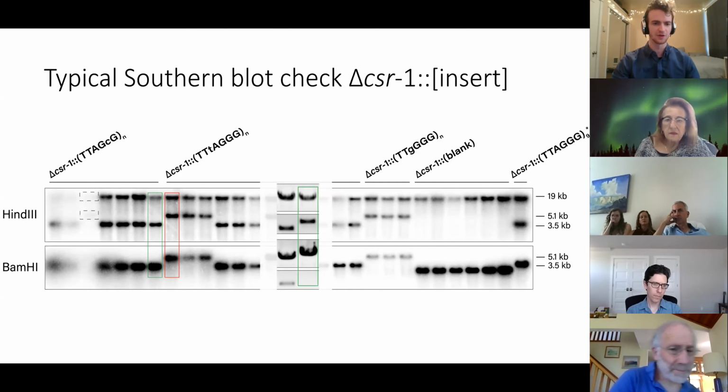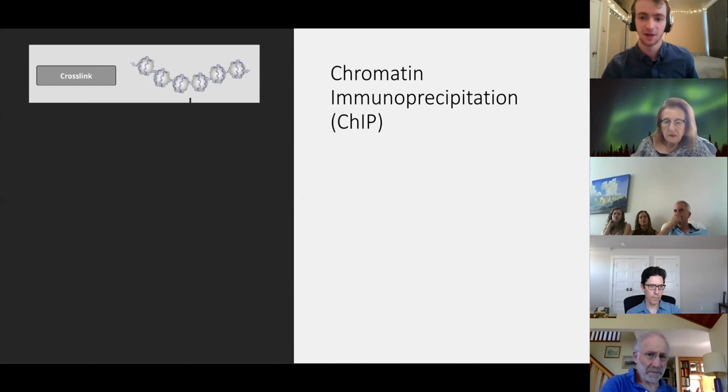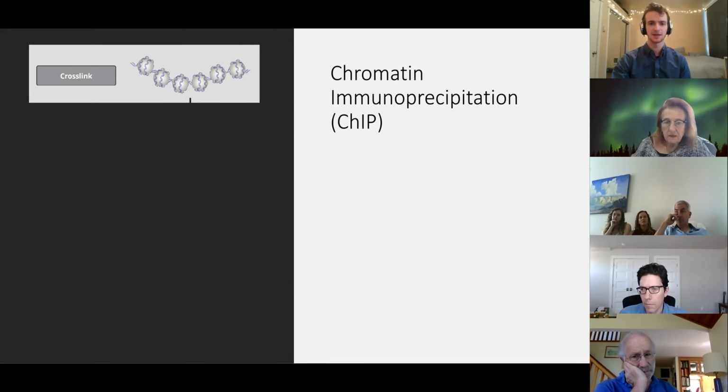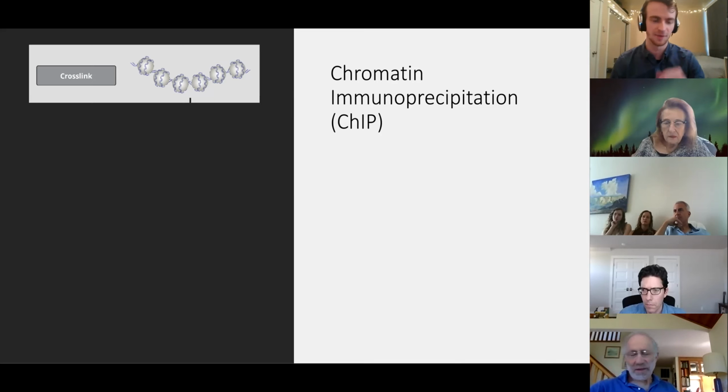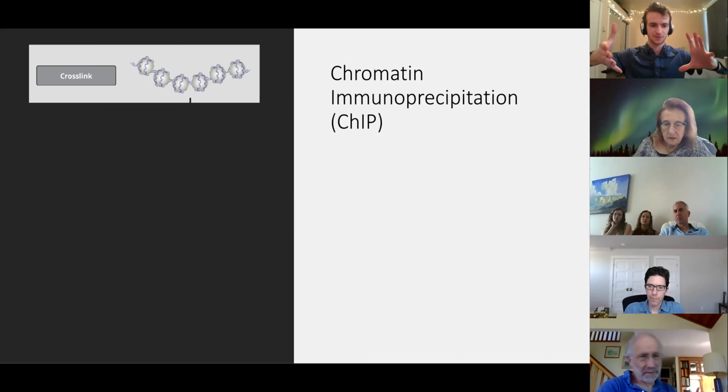Next, after I've confirmed that all of these repeats were successfully inserted into Neurospora, I did something called a chromatin immunoprecipitation. Basically, you've seen ChIP tracks before, or ChIP sequencing tracks rather. It's a way of, again, finding regions of DNA that have something bound to them. So you can see up there, next to the word cross-link, a bunch of nucleosomes on a string. You cross-link the DNA to the protein so they can't be separated.